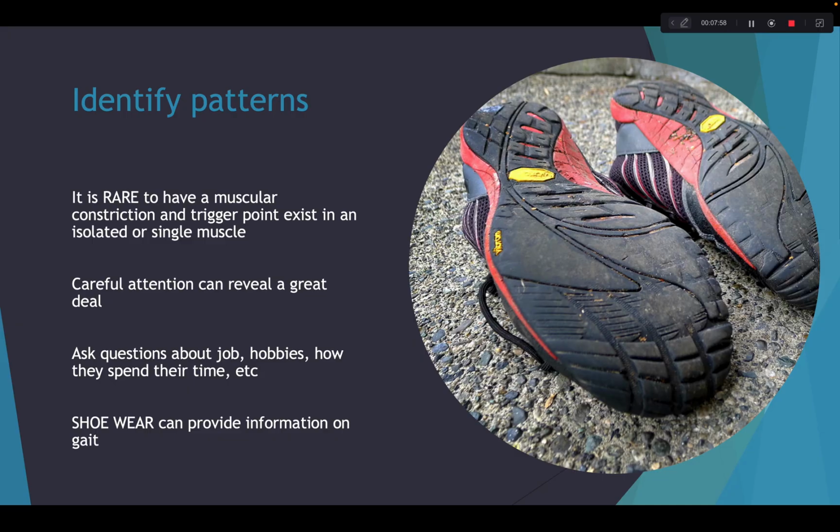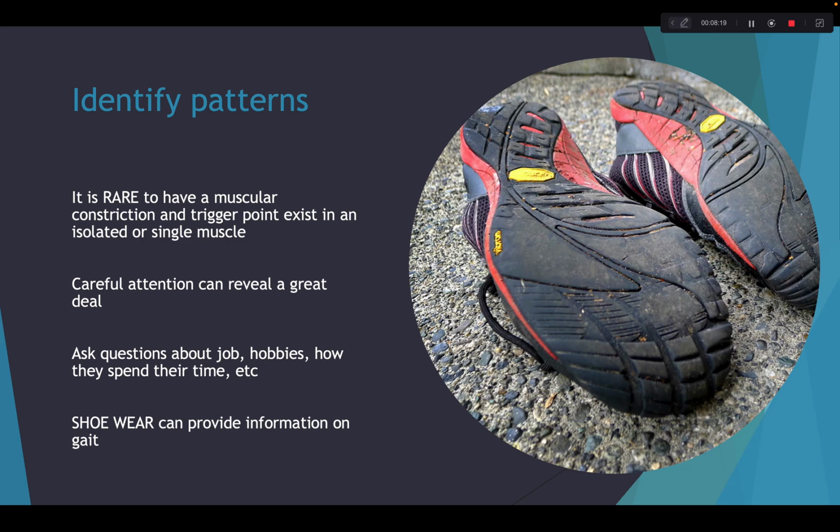And shoe wear can provide information on gait. So in this picture over here is a pair of worn down tennis shoes. You'll notice the tread on the tennis shoes is almost smooth, especially in the ball of the foot.